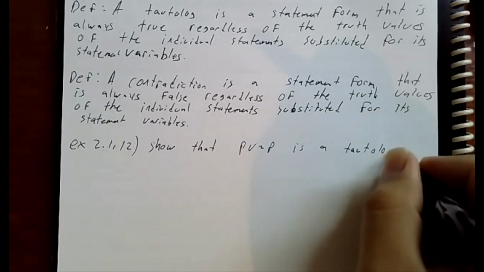So P, not P, P or not P, P and not P. So we'll have true, false, negation of that would be false, true. So true or false, as long as one of them is true, it'll be true. False or true, well, that's still true.